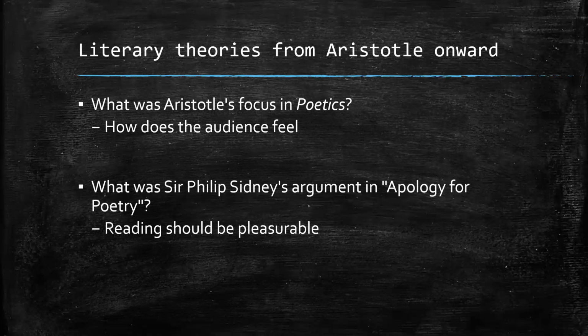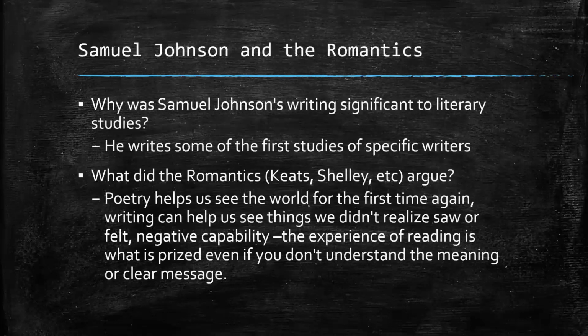In 1508, Sir Philip Sidney argued in Apology for Poetry that reading should be pleasurable. So both of these, if we think of these as early theories, are focused on the experience of reading or experiencing drama. Samuel Johnson in the 18th century was the first person to write studies of specific writers.